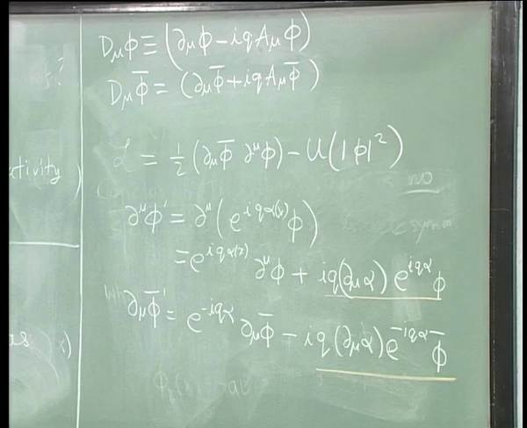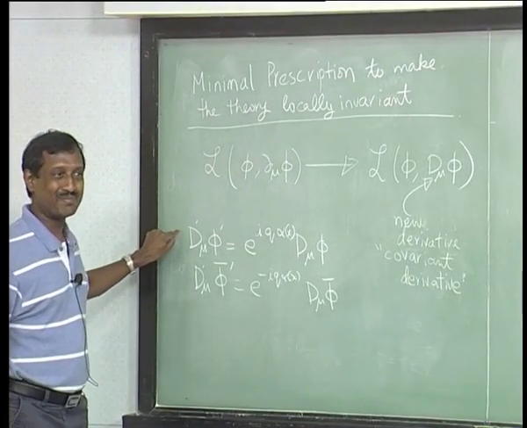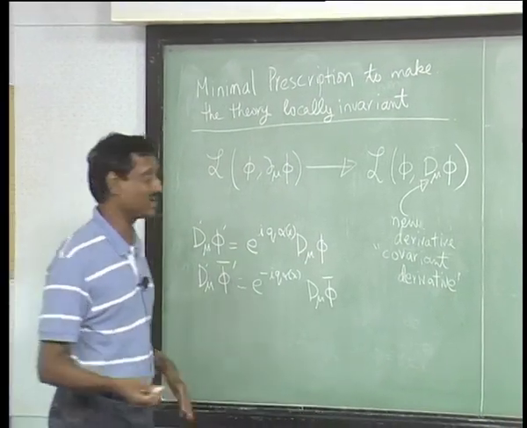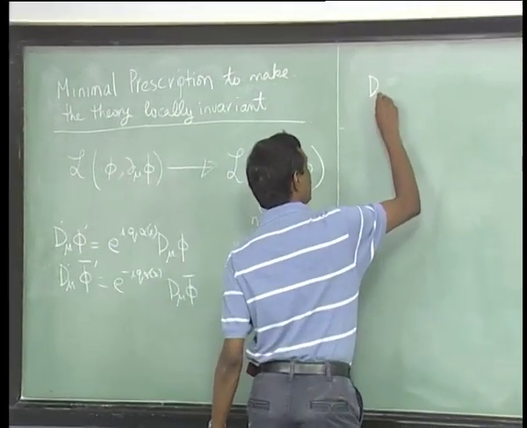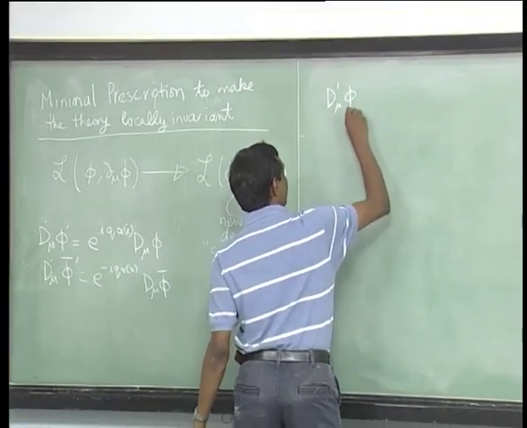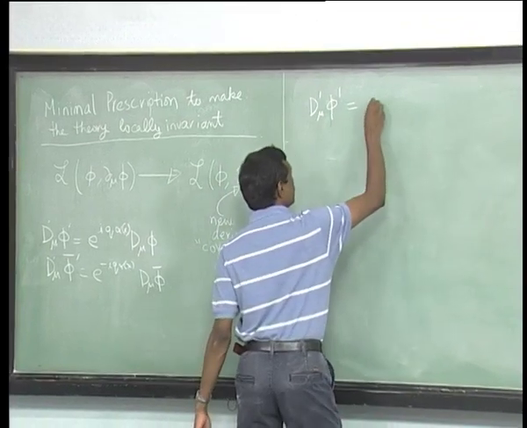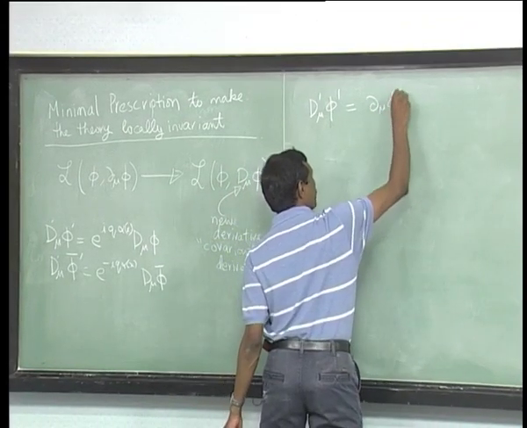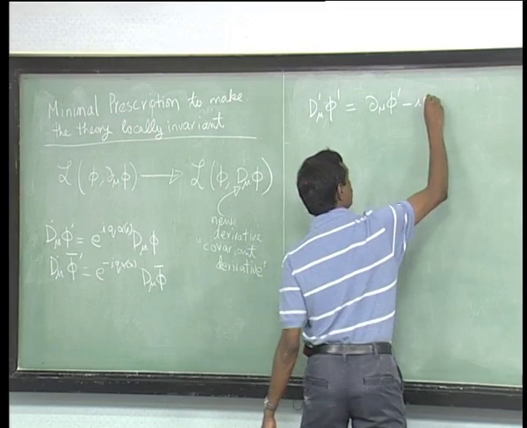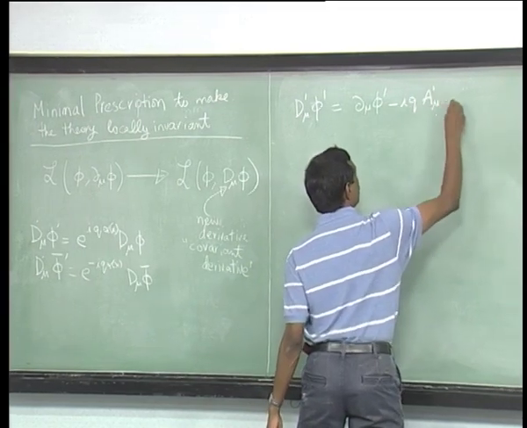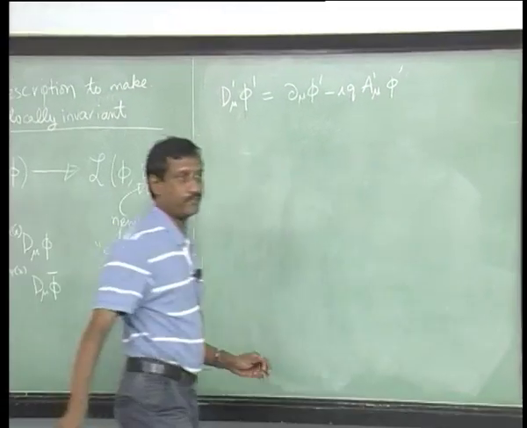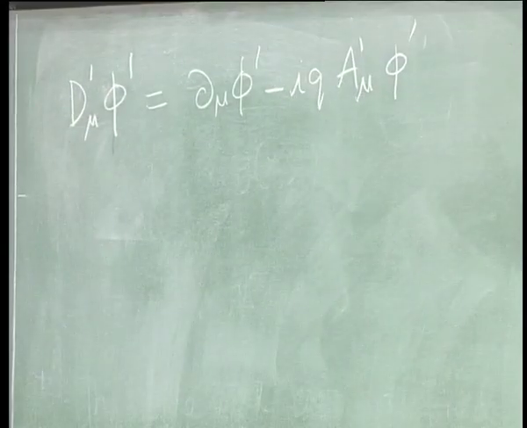Now these primes will come into play. I put a prime because A also changes, it is not like A does not change. So D mu prime of phi prime, now we look at the definition there: d mu of phi prime minus i q a mu prime phi prime. Now I have to use all these things.